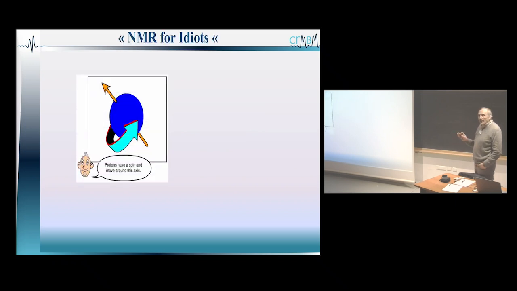I told you that the nuclei need to have magnetic properties, which we call spin. Spin more or less can be understood as a kind of oscillation of the nuclei of interest, a kind of polarized structure, if you want.